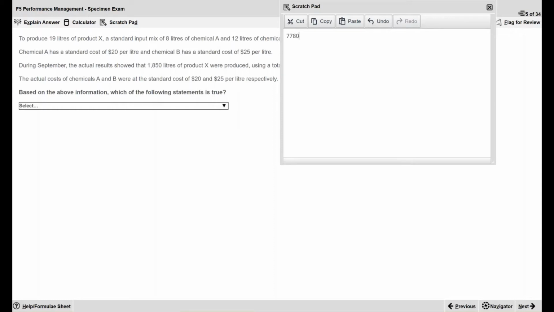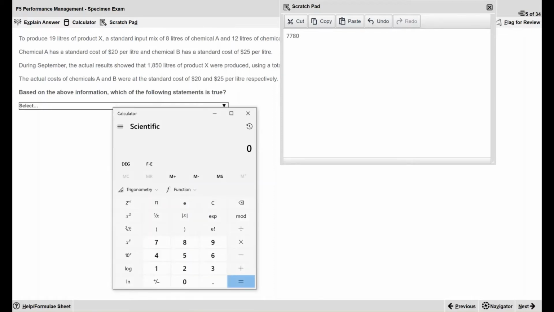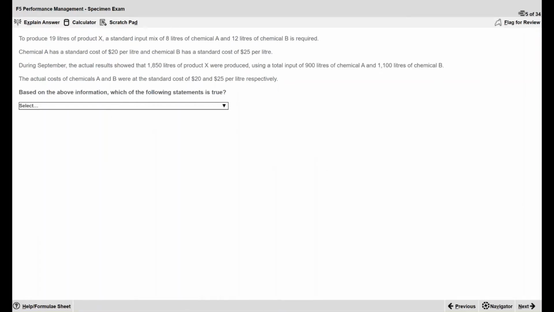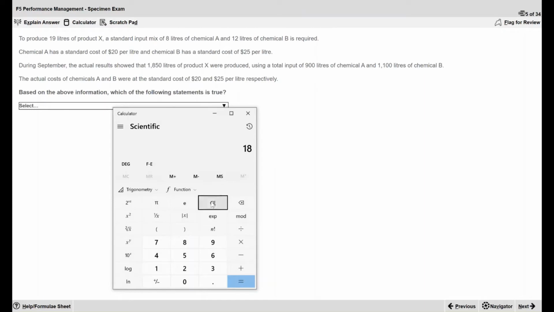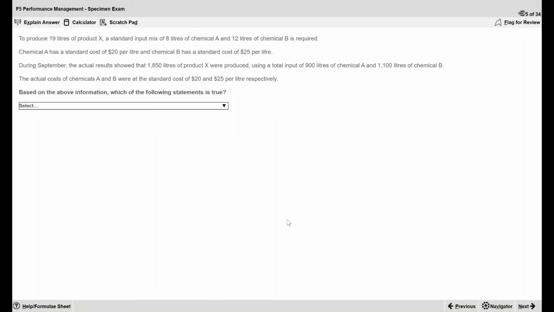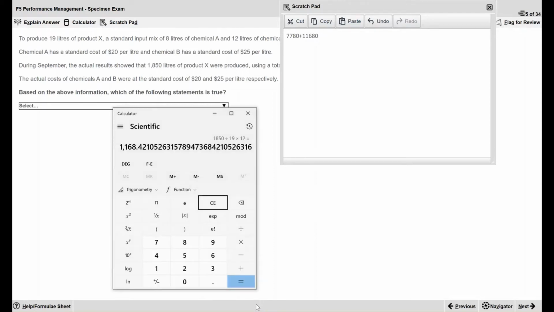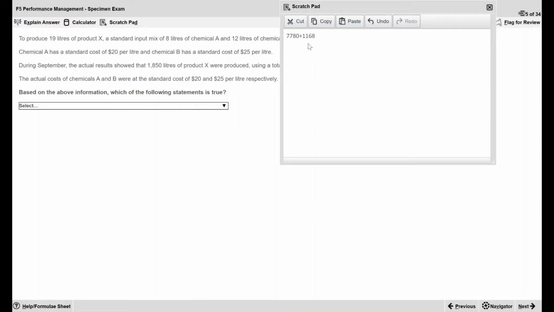And then for B part, 1850 divided by 19 multiplied by 12, which would be 1168. The previous one was 780, previous 778, I believe.